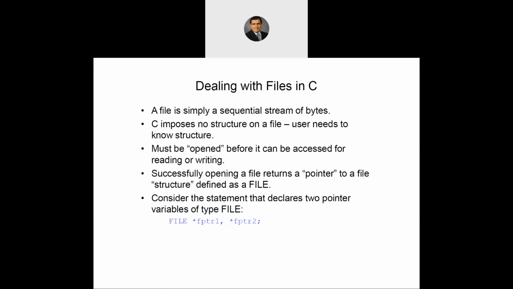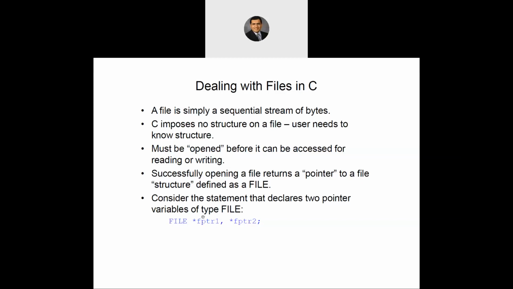Now, before you do anything in C, before you create a file, the first thing you have to do is create a file pointer. Now, how do I create a file pointer is the question you're asking. It's right down here. Mention FILE and then mention the pointer name. Don't forget to use the asterisk before the file pointer.